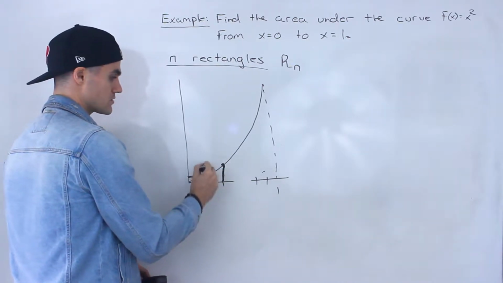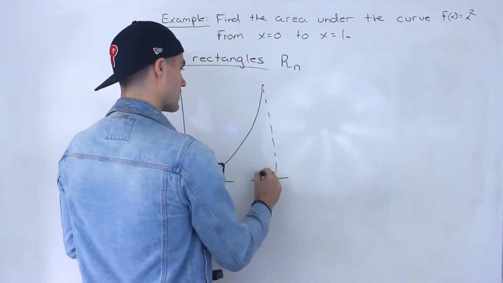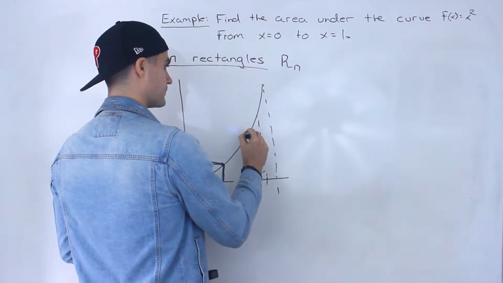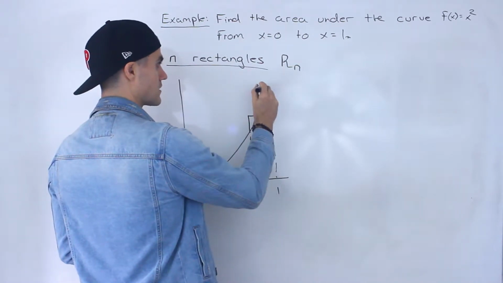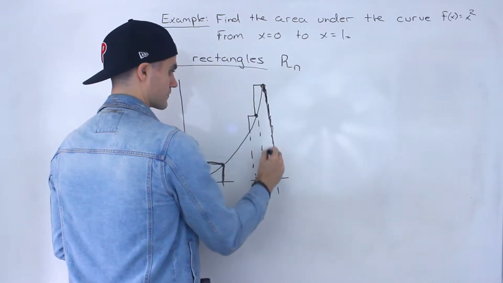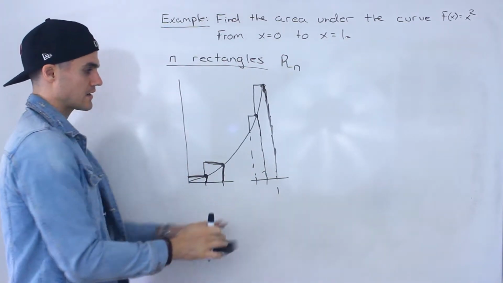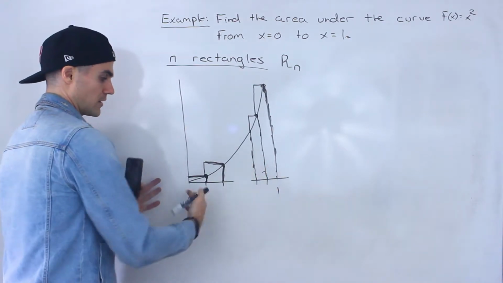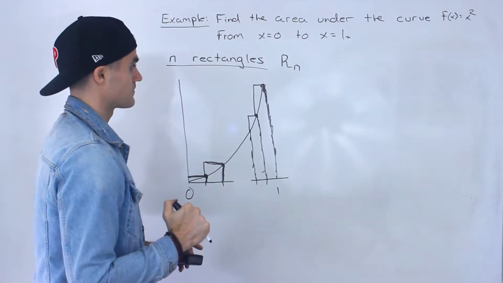So if we draw these 2 rectangles here, like that, and then here, it's going to be this rectangle, and then this rectangle like that. Right? So we're just dealing with the first 2 rectangles and then the last 2 rectangles, and in total between this 0 and this 1 there's going to be n rectangles.